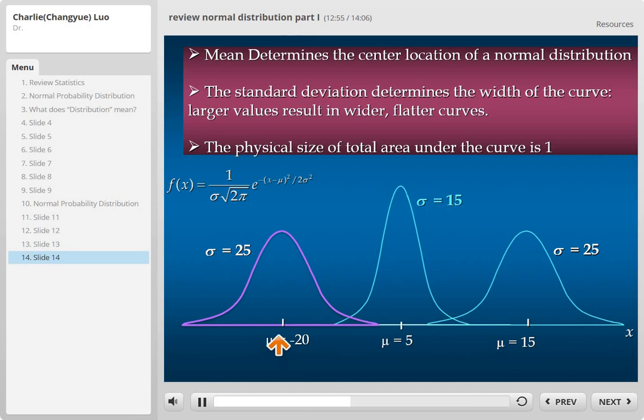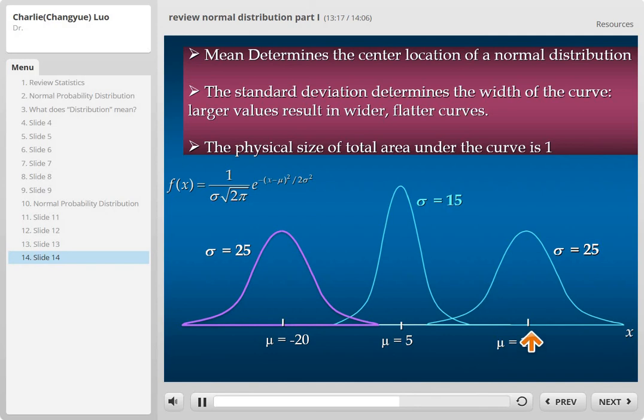So if the mean is here, standard deviation equals to 25, then the curve always looks like this. If the mean is here, then we know that the normal distribution is here. And if sigma equals to 15, this is how wide this normal distribution is.